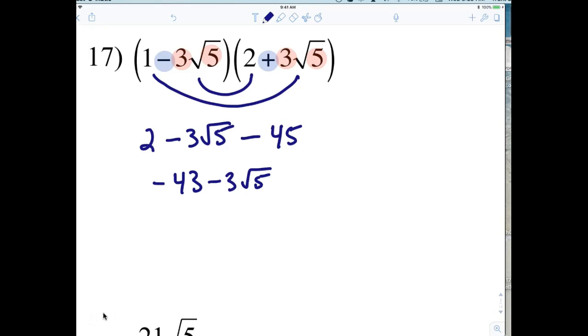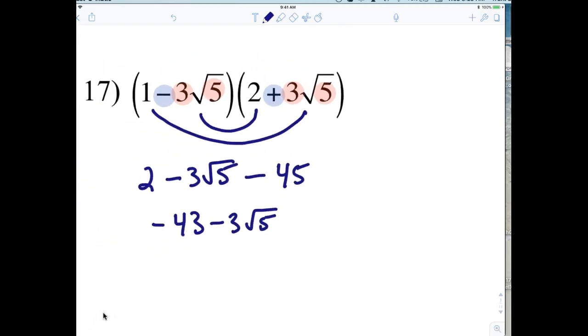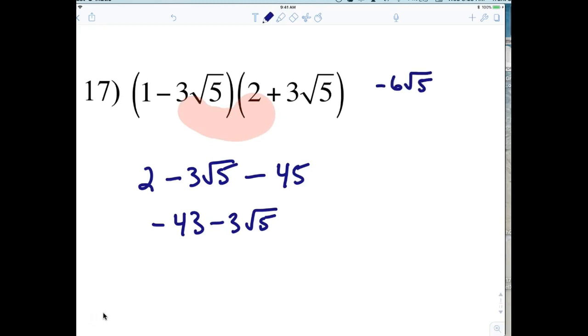Okay, so again, we did the smiley face, right? So let's do this again, just to make sure. So we did these two multiplied together. Very good. So I'm going to put negative 6 radical 5 here.